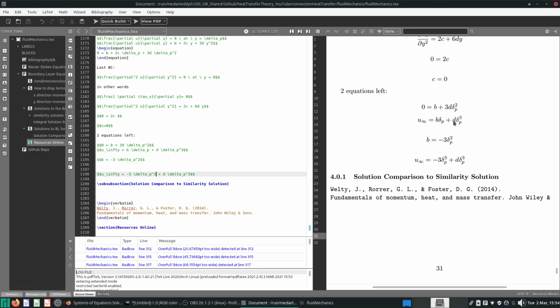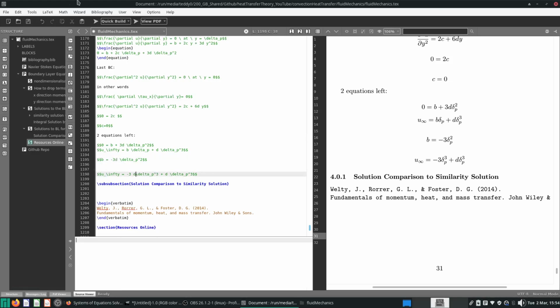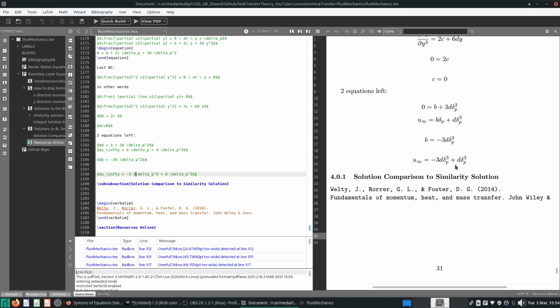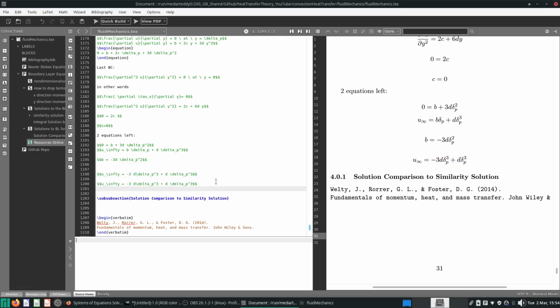Okay, I think I forgot something. There was supposed to be a d there. Let's put in the d. I forgot the d totally. So 3d minus 3 delta p cube... you just add these two terms together, it becomes minus 2.